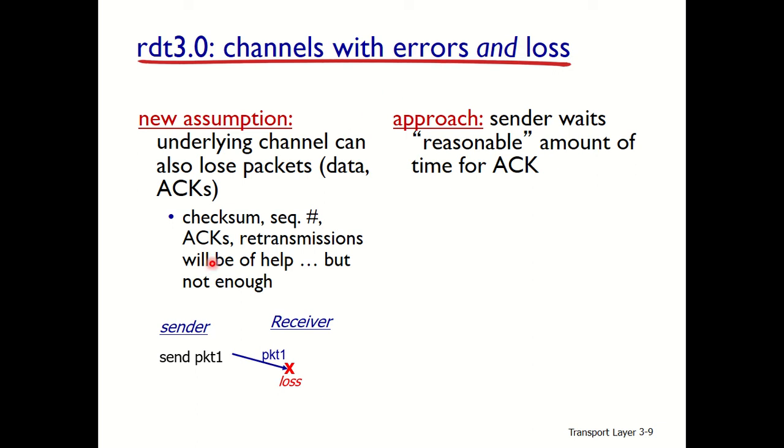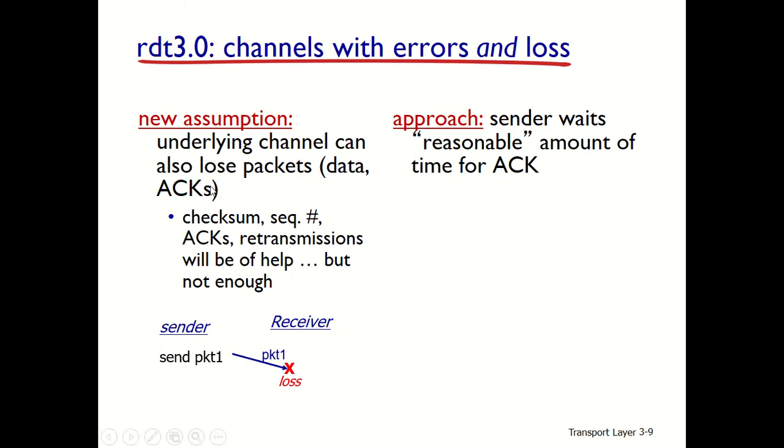The new assumption is that the underlying channel, the network layer, can also lose the packet. What does it mean? It means that the data packet can be lost, or the acknowledgement can be lost. Why didn't we discuss the negative acknowledgement? The negative acknowledgement can also be lost. Why do we discuss only that the data packet or acknowledgement can be lost?